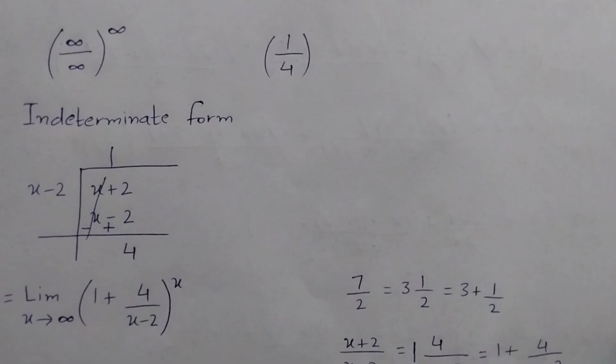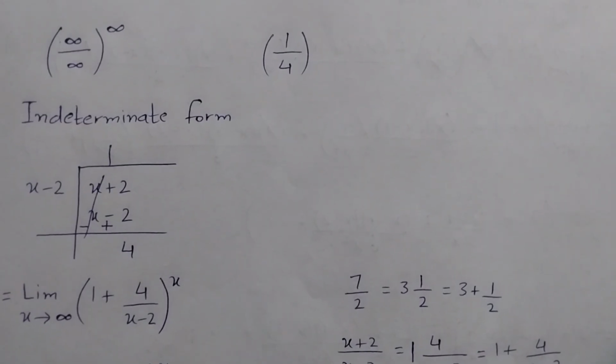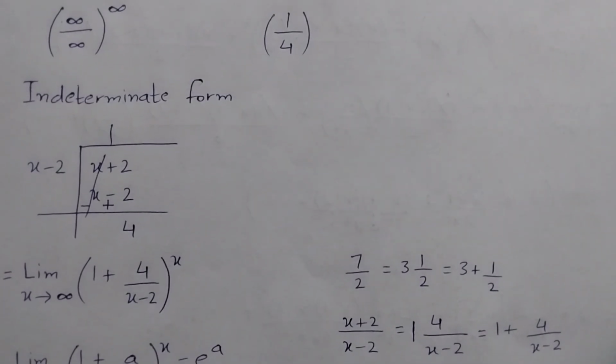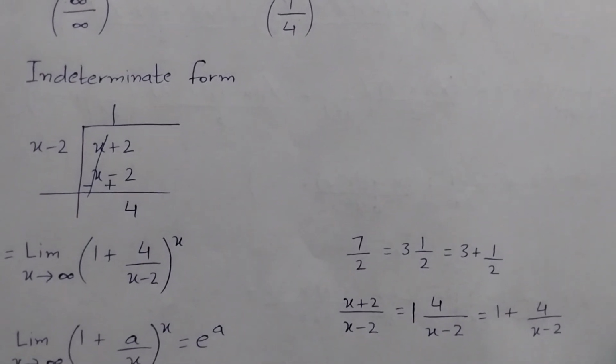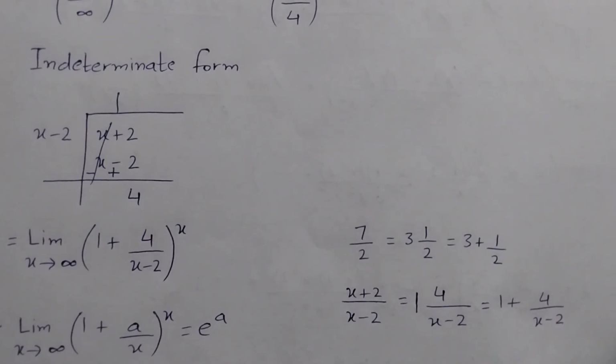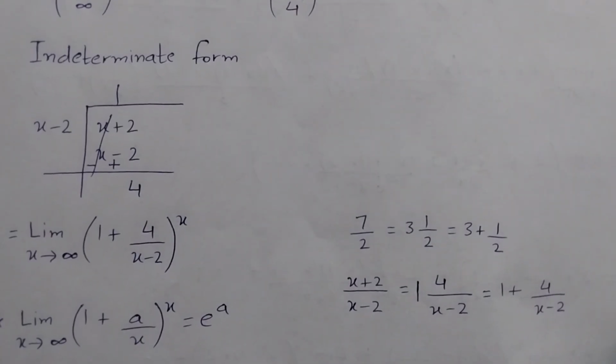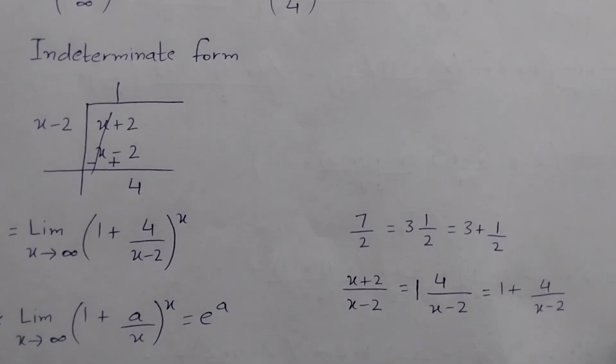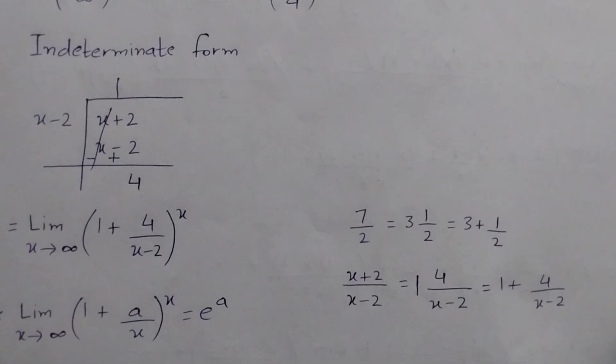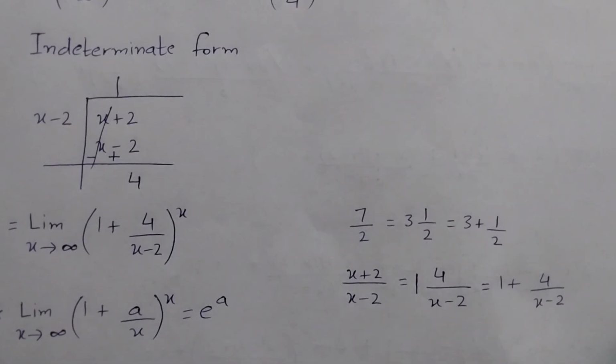So x minus 2, if multiplied by 1, is x minus 2, and in division we subtract what we get by multiplying. So we got x minus 2 when we did multiplication, so we are going to subtract it from x plus 2, and subtraction changes signs. So plus will be minus, and minus will change into positive.